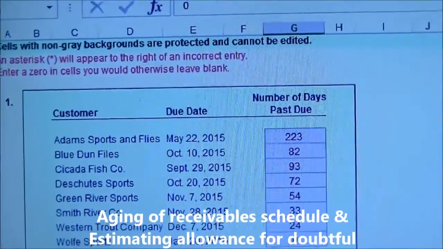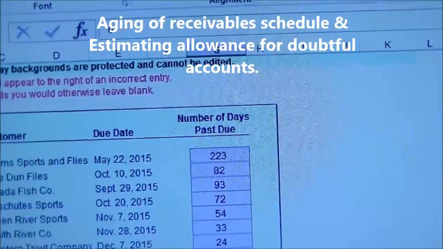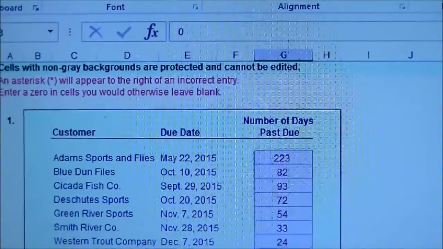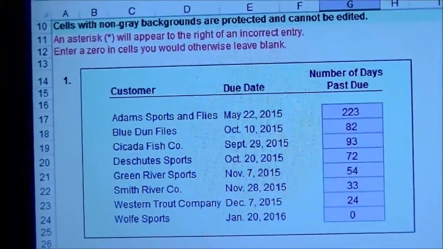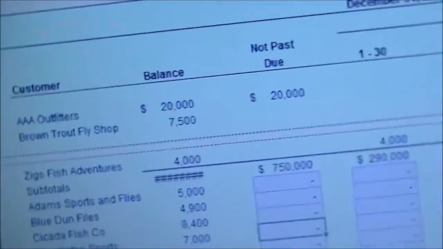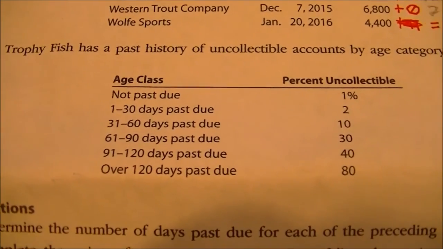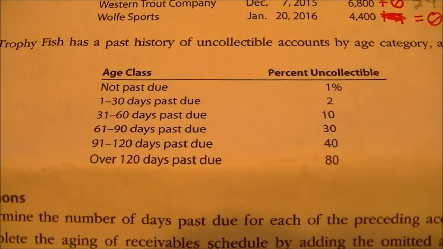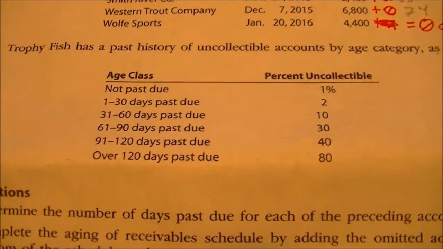Okay, now we're going to work on aging of receivables, estimating allowance for doubtful accounts. So once you found out your days, go ahead and plug them into your spreadsheet, because that's going to be important. Now, let's take a look at this example, which says age class, not past due, 1 to 30 days, it's 2%, 31 to 60 days, 10%, and so forth.